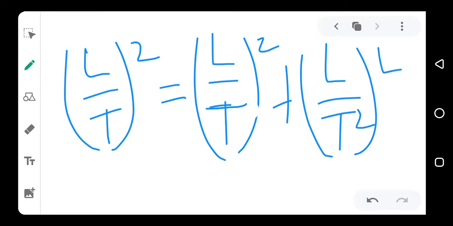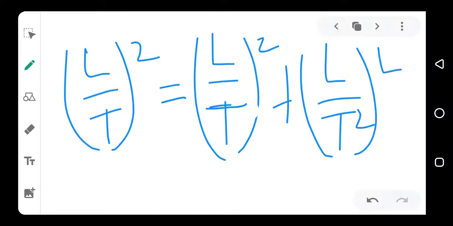So we now have L squared over T squared. The same thing here, L squared over T squared.